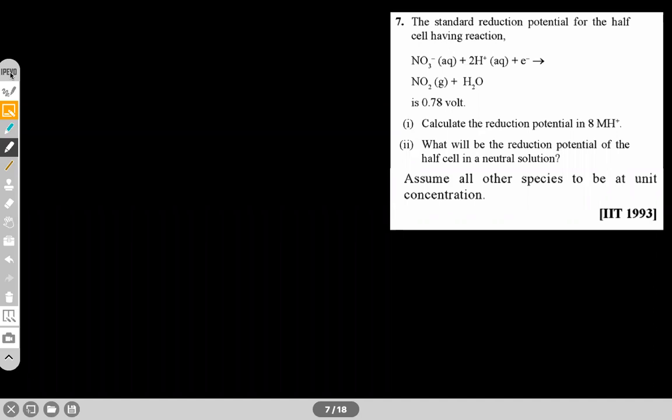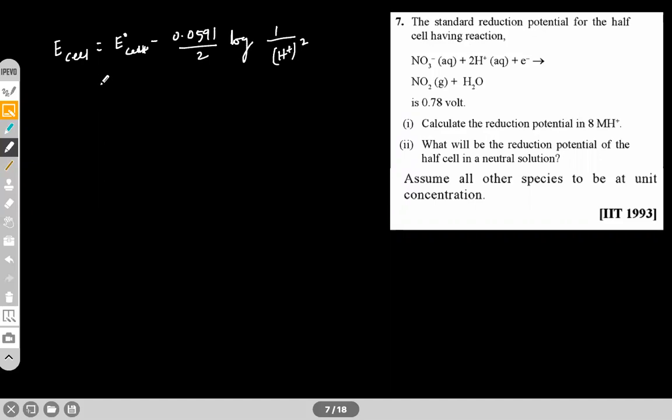So here what happens, E cell of this reaction is equal to E naught cell minus 0.0591 by 2 log of 1 by H plus square.